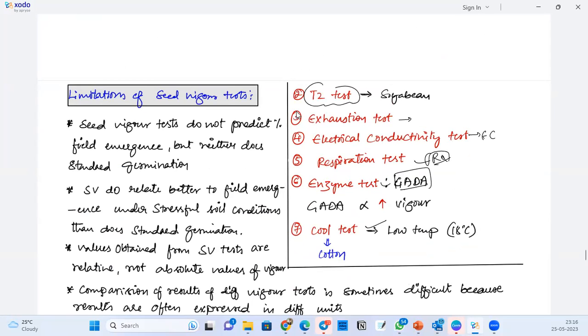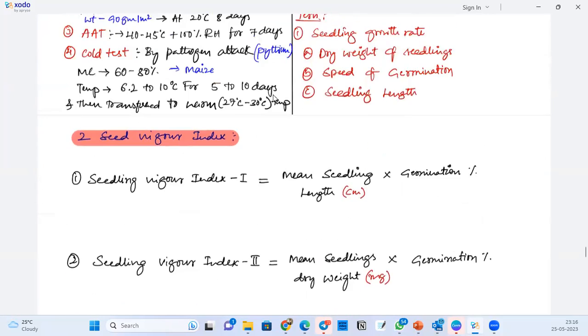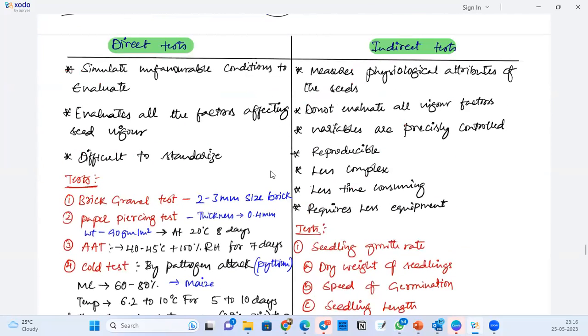There is a classification called direct and indirect tests. Direct tests are those where we give the conditions, or give the stress, to the seed itself directly. We provide the stress to the seeds and see whether they are able to survive or not.